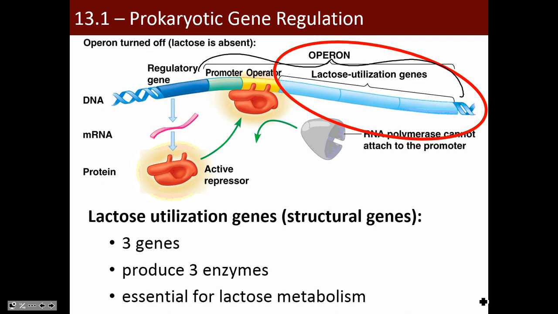One has to do with how we move lactose around, one has to do with creating the enzyme that breaks down lactose, and another one has to do with moving the products through the organism's cell. Anyway, we need all 3 in order to metabolize lactose effectively.